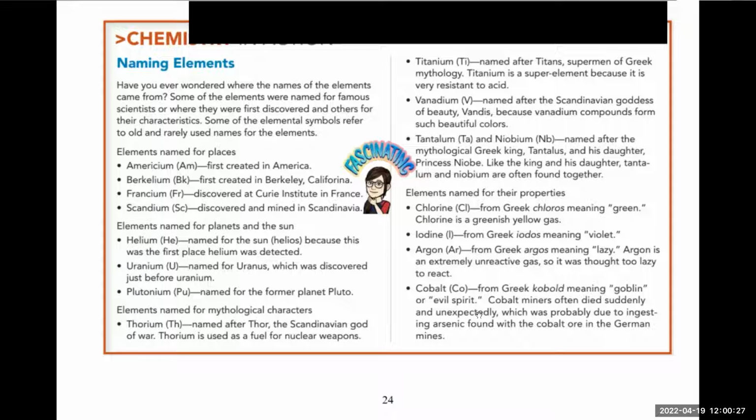Because back in those days, these cobalt miners often died suddenly and unexpectedly because they probably ingested arsenic. Because in the German mines, cobalt ore was reacted. Those cobalt ores had portions of arsenic, and arsenic is poisonous.